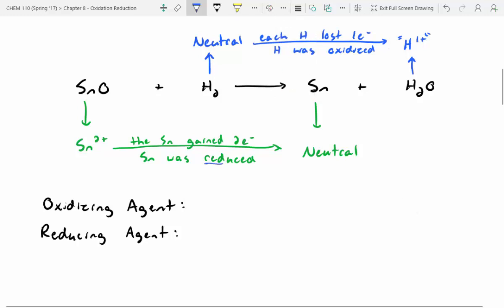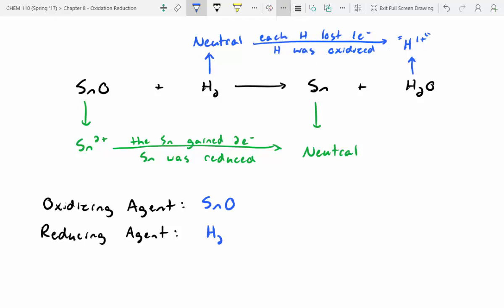So down here we said the tin on that one was reduced, which means it must be the oxidizing agent or reducing agent? Oxidizing agent, right? We have to flip those. So in this case, if we go ahead and plug it in, it must be tin oxide is the oxidizing agent. Which means our reducing agent must be what? Hydrogen gas, right? So H2, because the hydrogen was oxidized in that step, H2 must be the reducing agent, right?